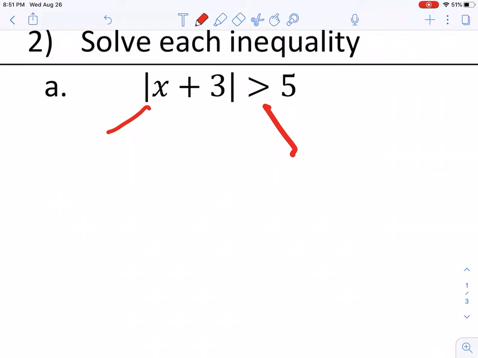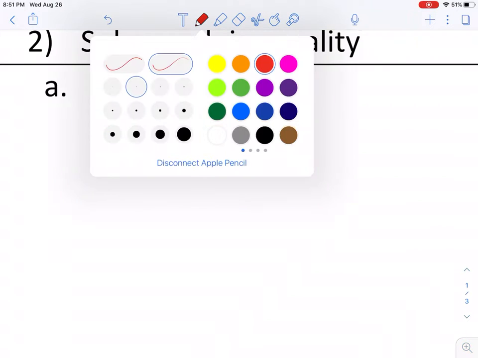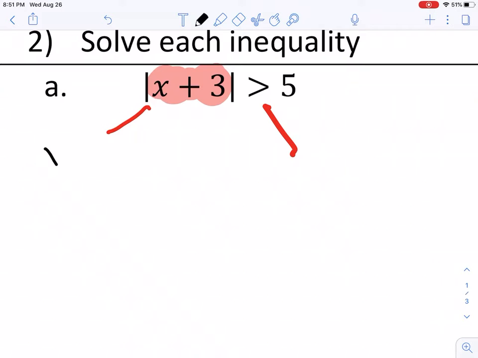And then we just take everything that was inside the bar, x plus 3 in this case, and we are going to say it's the same as our original, so is less than 5. So essentially, in my first equation, I'm writing this same thing down but without the bars.